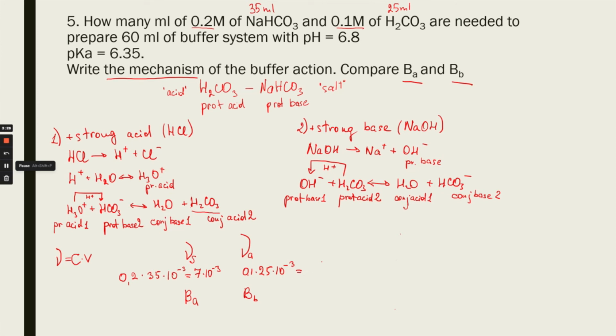And we will get, I think, 2.5 10 power minus 3. So this number is higher. And so it means that number of moles of salt is higher than number of moles of acid, and the buffer capacity by acid is higher than buffer capacity by base.